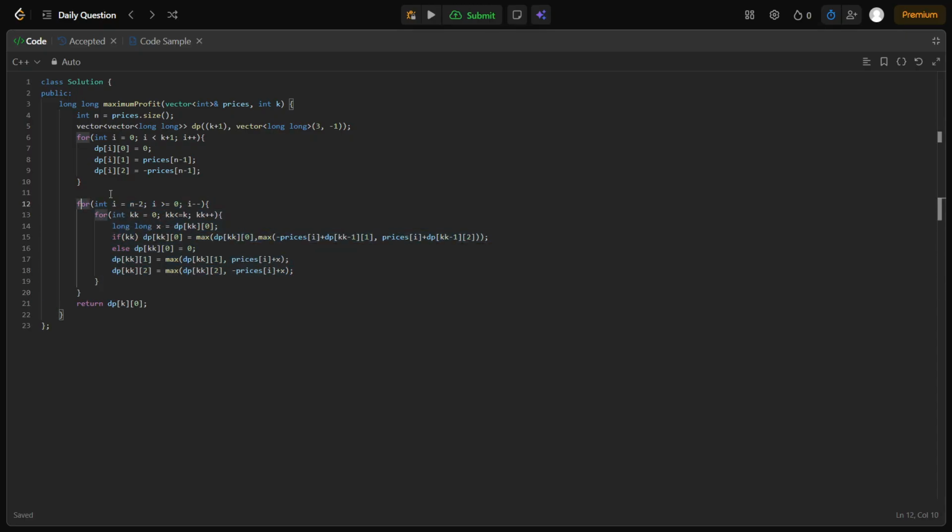So this becomes our solution. The first edge cases are the same, and then we have of course initiated our I from n minus 2 to 0, and then similarly, as we did before, we have initiated the k, and then we will talk about this. I will tell you why we have kept this.